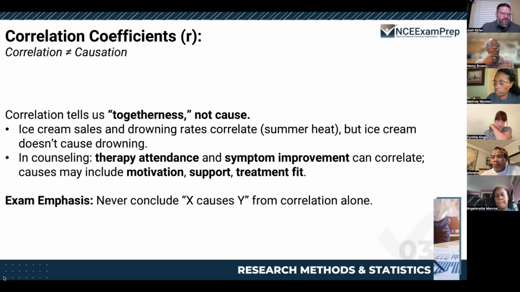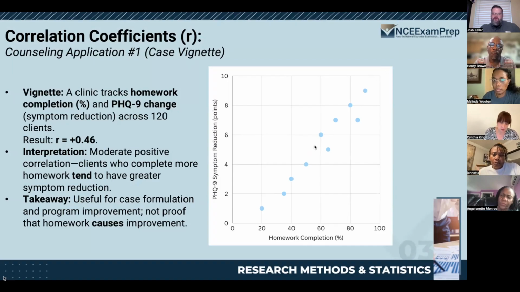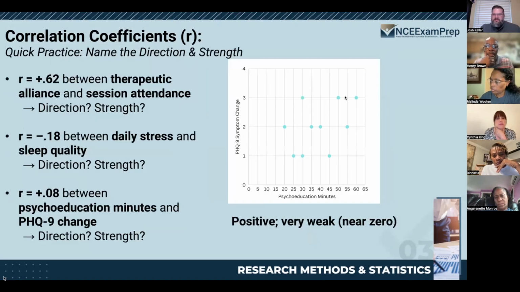Okay, I'm going to jump ahead one slide here. See this scatter plot here? See how if we drew a line, it would be a pretty straight line. That'd be a strong correlation, right? But this one right here is all kind of scattered. It's still positive a little bit, but see how it says it's very weak because it's going to be closer to 0.